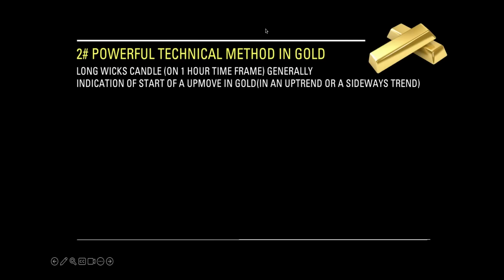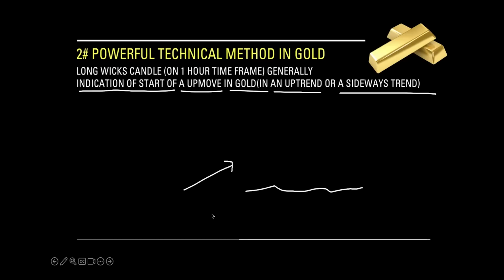The criterion is that whenever you see long wicks on the candle on the 1 hour time frame, it is an indication of the start of a big up move in gold, provided there is an uptrend or a sideways trend, not a downtrend. That means the overall trend should be upside, or slightly sideways is fine, not on the downside.